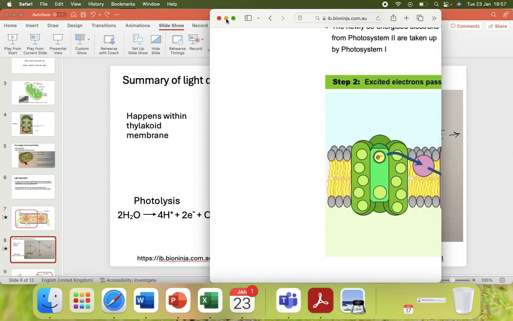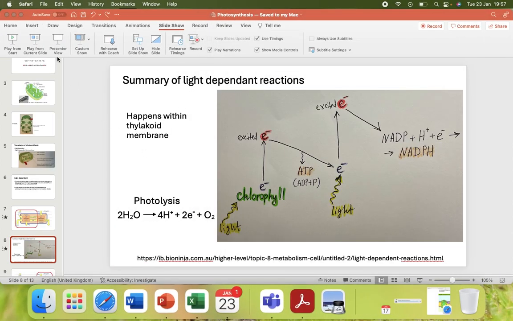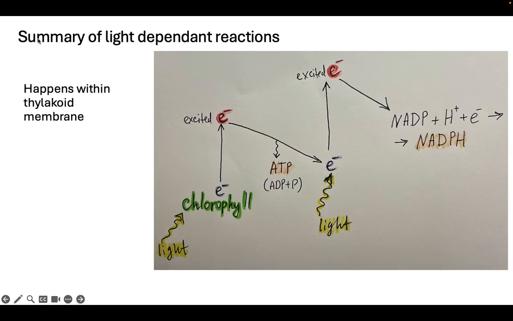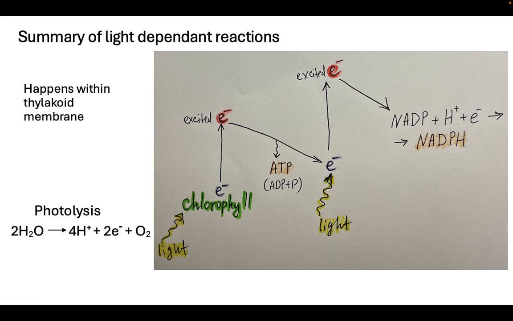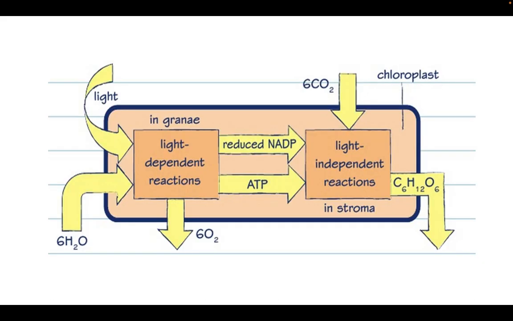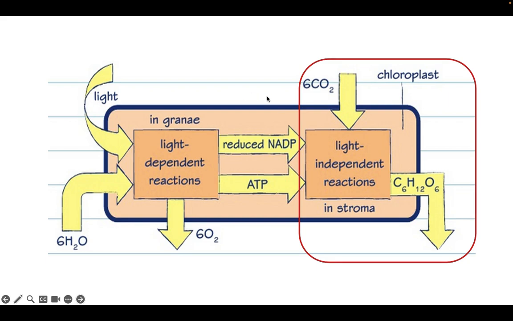Okay, so let's go back to the PowerPoint. So this bit was the summary of light-dependent reactions. Then we need to look at the second step, which is light-independent reactions. These reactions do not require sunlight.